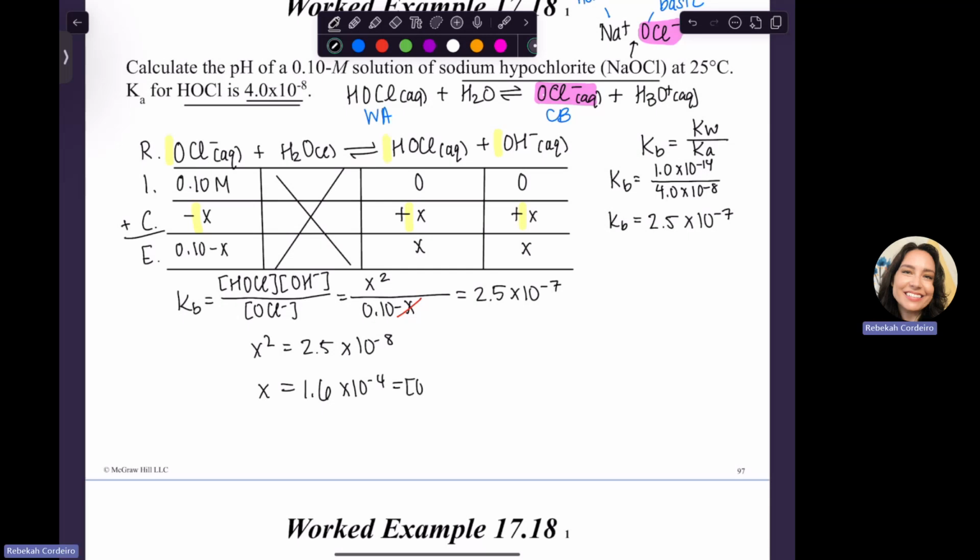And that is equal to the concentration of hydroxide. Did you figure out that it was the concentration of hydroxide that we really need to get in order to find pH? And we can do this in a couple different ways. But maybe you're thinking, hey, I know I can get pOH from this. So why don't we get pOH, and then we can get pH from our pOH. You could also do your Kw is equal to hydronium times hydroxide.